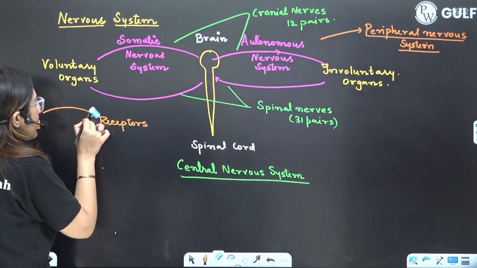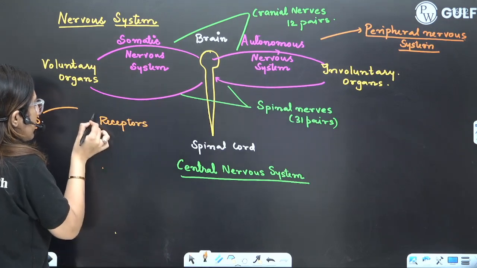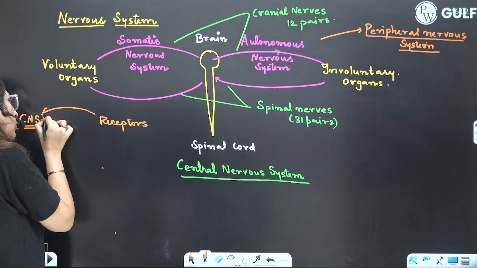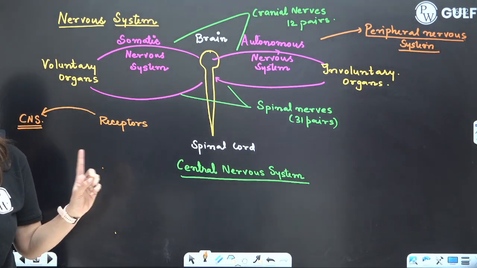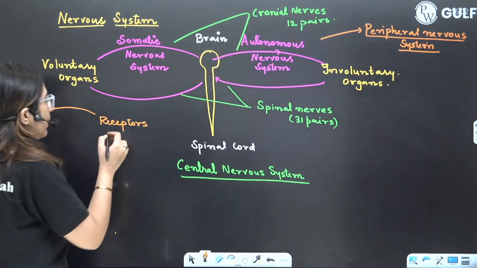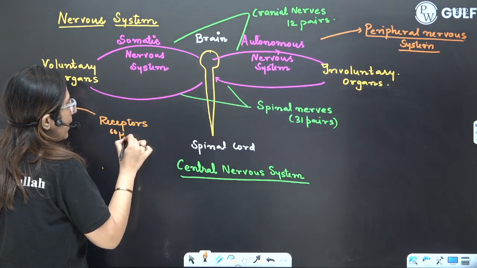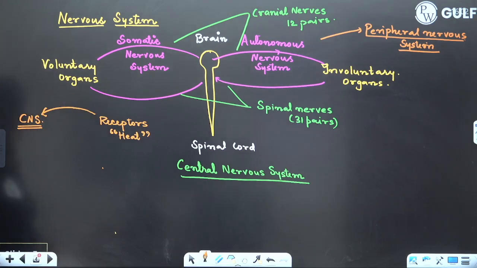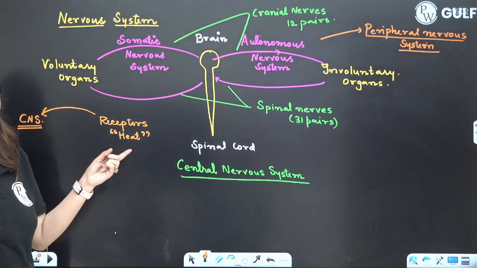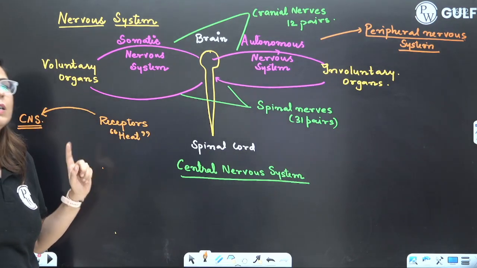Receptors sense the signal, and this signal will go to the central nervous system. Let's say they sensed heat, a hot condition. The signal will go to the central nervous system, and these type of nerves are what?